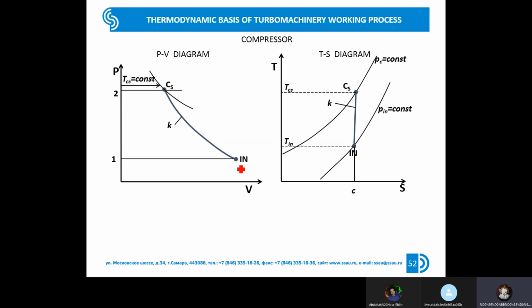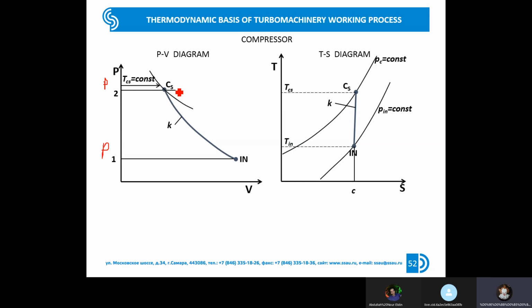So we are starting at the point in, and we know the pressure P1, which is equal to the initial pressure, and we know the pressure P2, which is equal to the final pressure of the compression process.